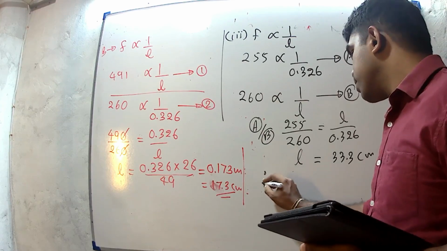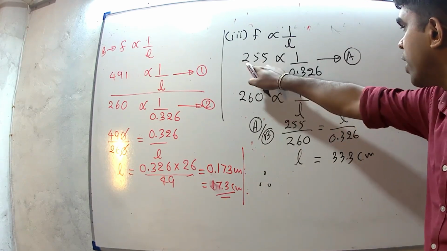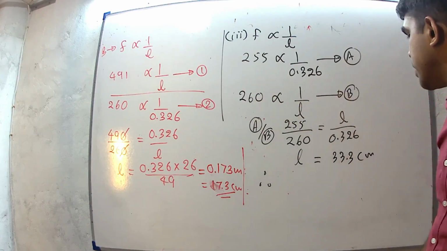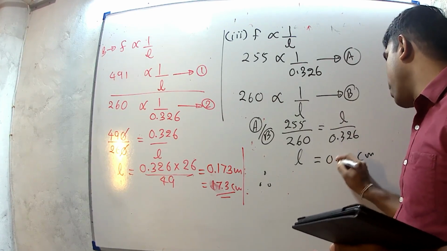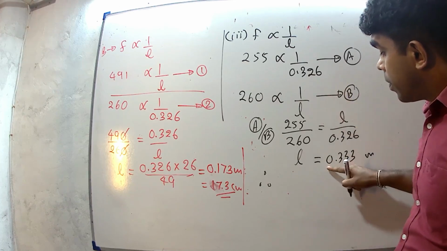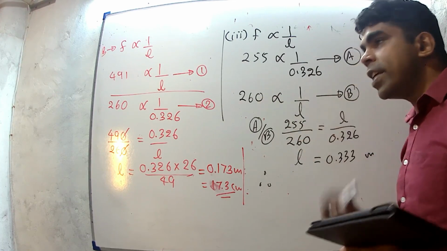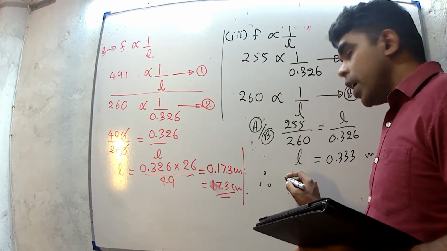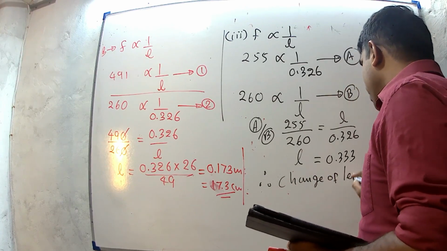Therefore, the initial corresponding length to frequency 255 is 0.326 meters. The corresponding length for 260 hertz we can write as 0.333 meters. Therefore, we have to calculate the change of length.